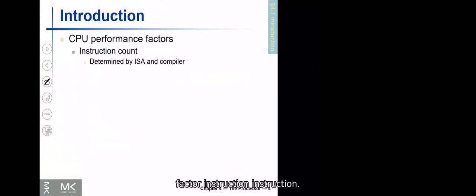So we talked about the processor. We talked about performance factors, instruction count. Instruction count, we talked about it before. I won't go through it again. It's determined by the instruction set architecture and the compiler. We write in a high-level language. The compiler gets it and tries to make machine code assembly out of it.